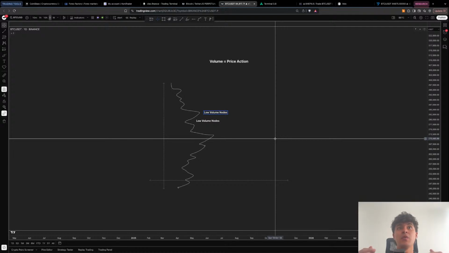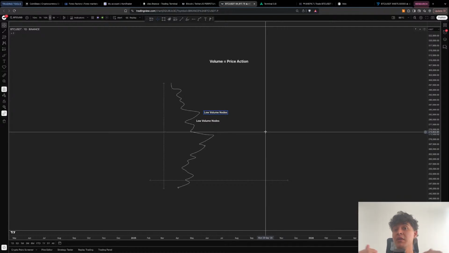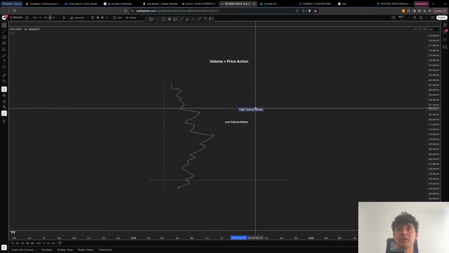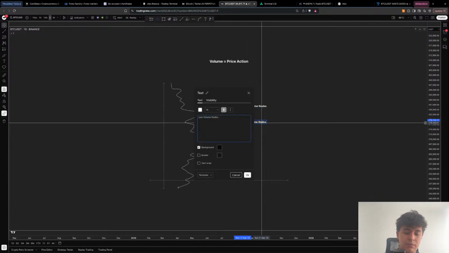When we see this kind of volume profile, what we are trying to understand is that there might be different fair value areas for the whole chart. There's no such thing as a fair value area that compensates everything. So in order to understand this, we have low volume nodes, which are valleys on the volume chart, and high volume nodes are the spikes on volume.